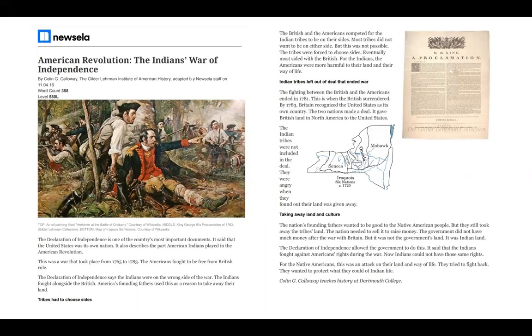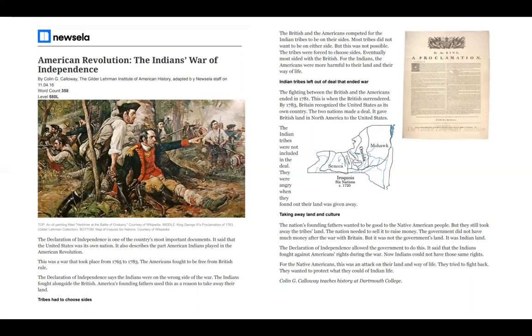Tribes had to choose sides. The British and the Americans competed for the Indian tribes to be on their sides. Most tribes did not want to be on either side, but this was not possible. The tribes were forced to choose sides. Eventually, most sided with the British. For the Indians, the Americans were more harmful to their land and their way of life. Indian tribes left out of the deal that ended the war.